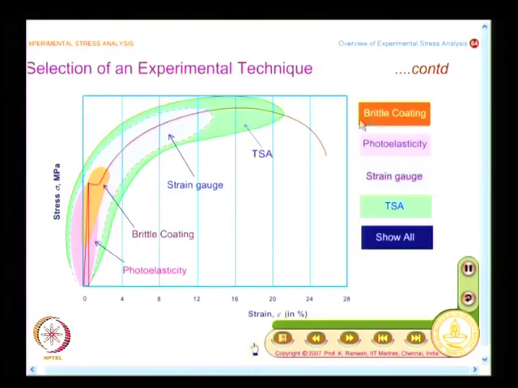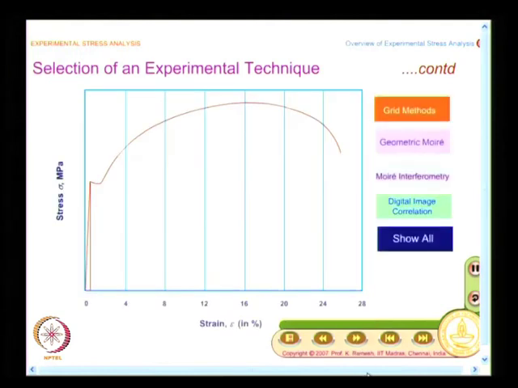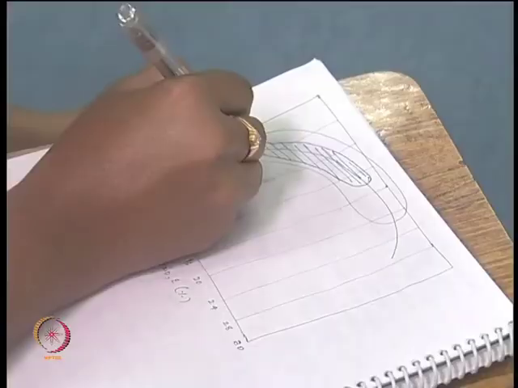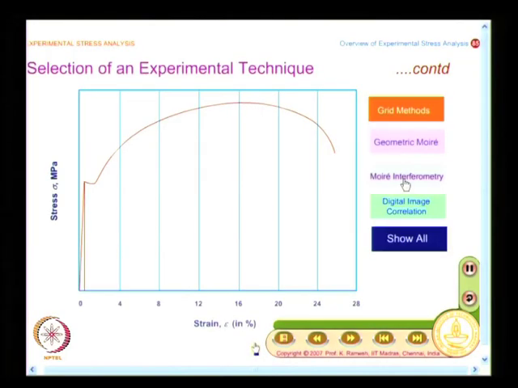I have shown only 4 techniques here. We will have a similar graph for the other 4 techniques: grid methods, geometric moire, moire interferometry, and digital image correlation. Grid methods were the ones used for the very high plastic region.